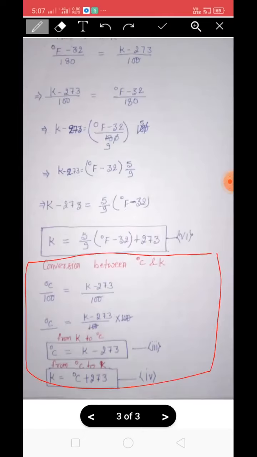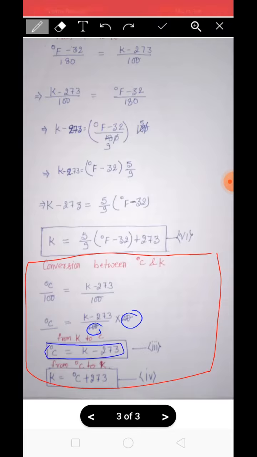So it is written over here: degree centigrade by 100 is equal to K minus 273 divided by 100. We will simply send this 100 to this side, and it will become like this: degree C is equal to K minus 273 divided by 100 into 100. So this 100 and this 100 will get cancelled out. In this way we will have degree centigrade is equal to K minus 273.